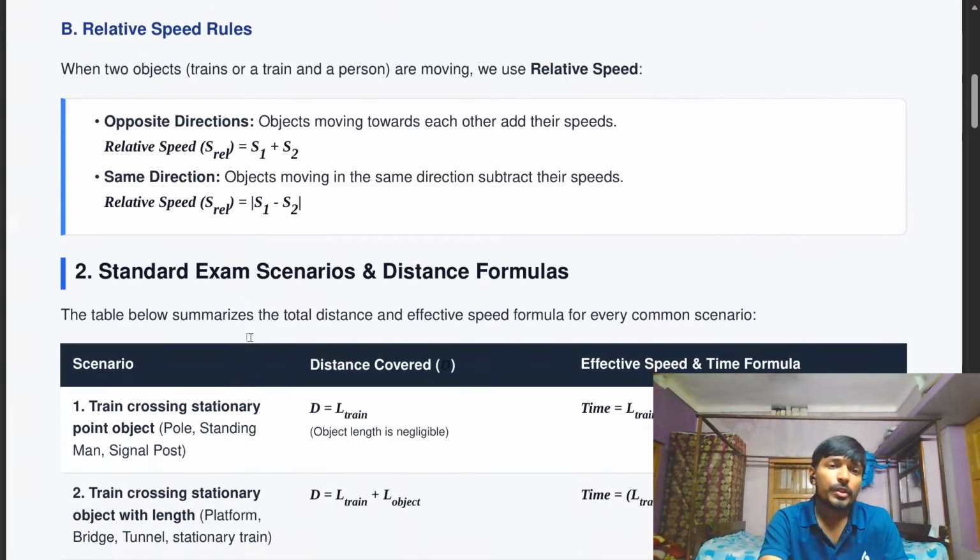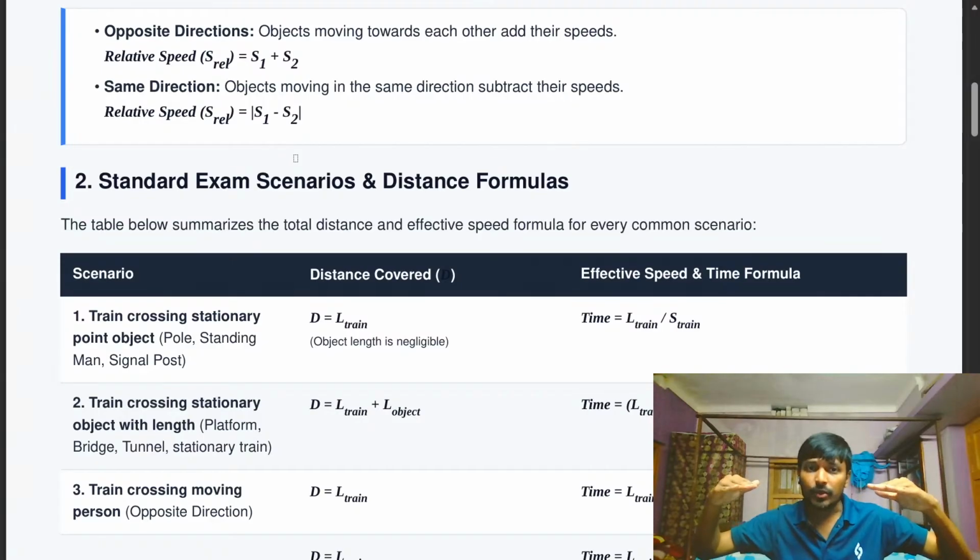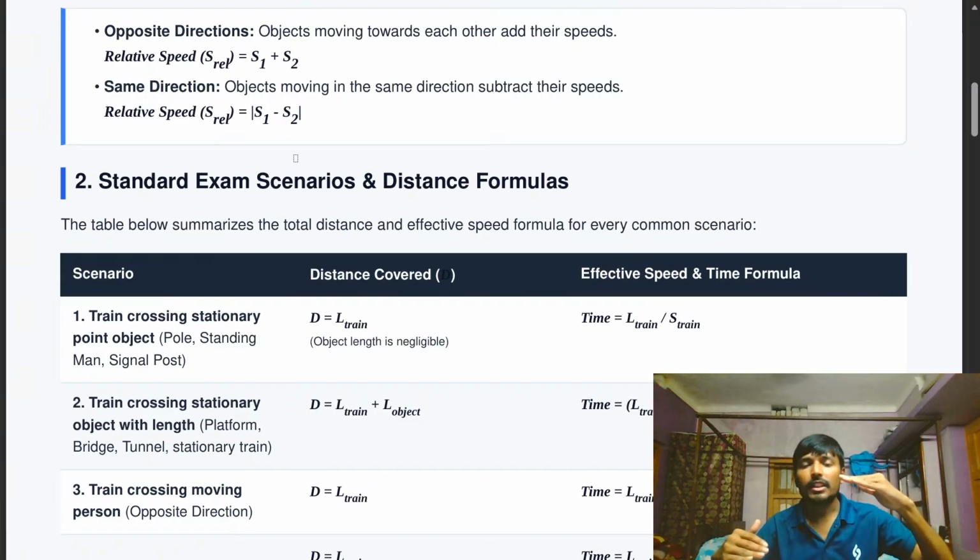Now we are moving to the next part, relative speed rules. What is relative speed? Trains are moving towards each other. A's speed is 30 kilometer per hour and B's speed is 50 kilometer per hour.